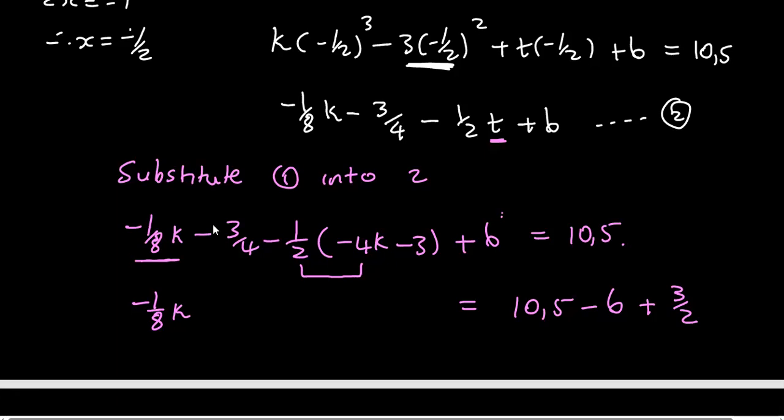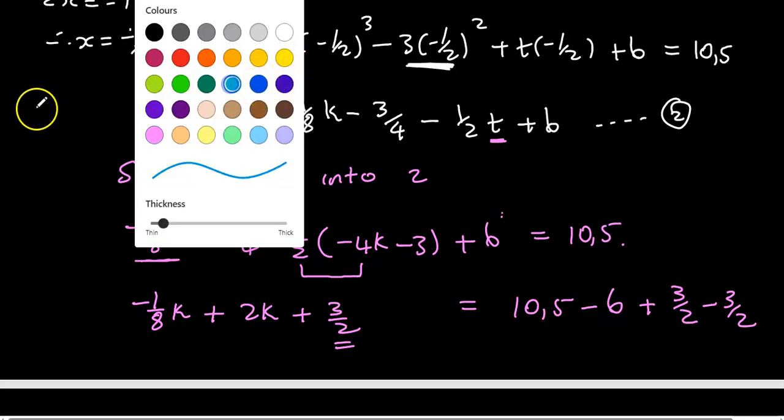Let's multiply out the bracket. This will give us positive 2k and positive 3 over 2. So now the 3 over 2, I'm just going to remove and bring this side to be negative 3 over 2. So this will cancel. Hope this won't cause any confusion.